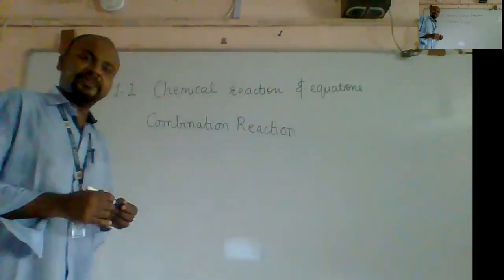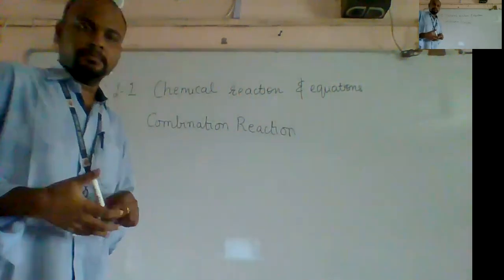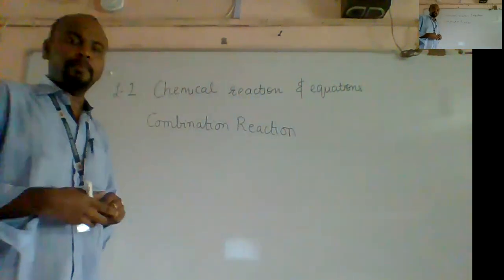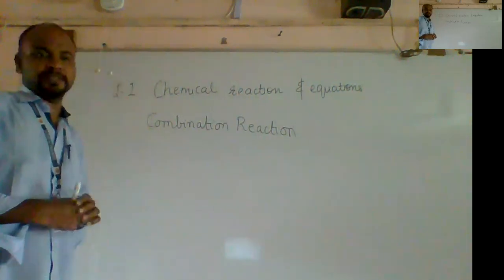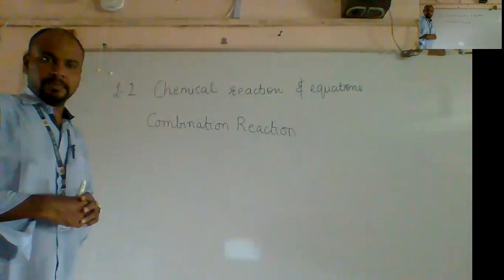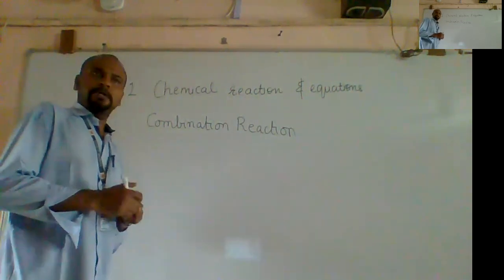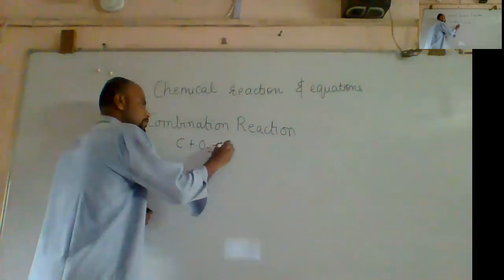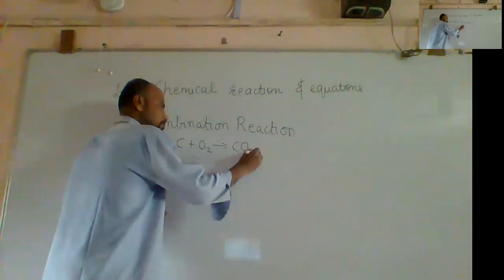The reaction in which two or more elements, molecules or compounds combine to form a new substance is known as a combination reaction. Example: carbon, when it reacts with oxygen, gives you carbon dioxide.